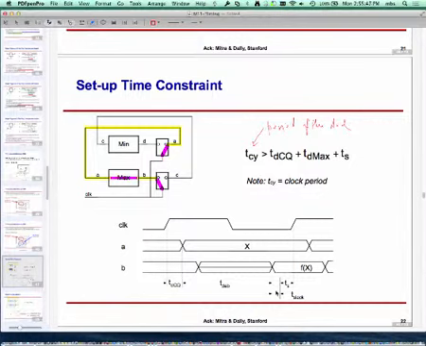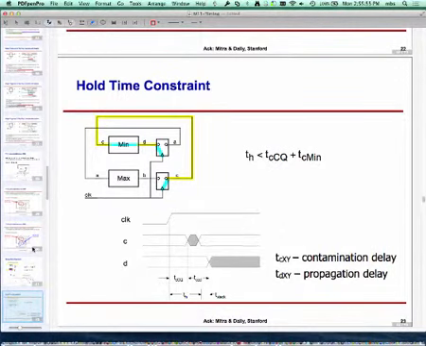Okay, so this is one constraint. It basically tells you how fast the clock can go. The other constraint is for the hold time. So remember again, a flip-flop requires that the data input remains stable in the region from clock edge minus TS through clock edge plus the hold time.